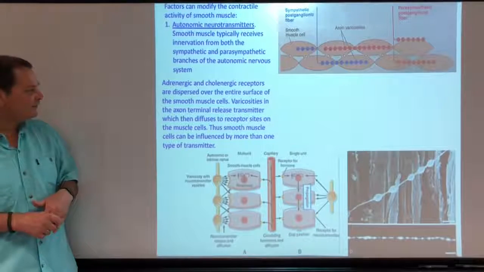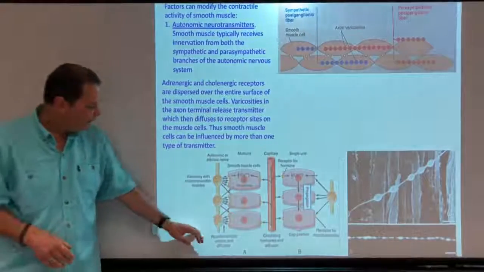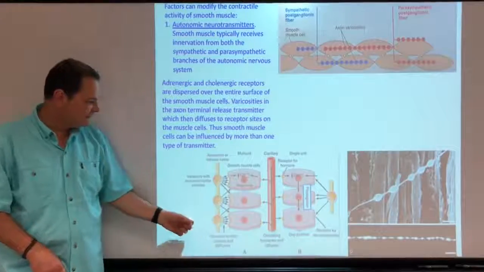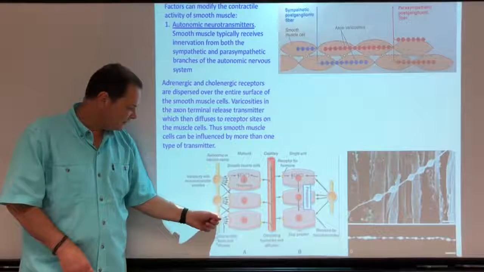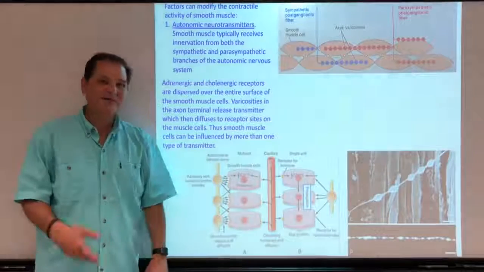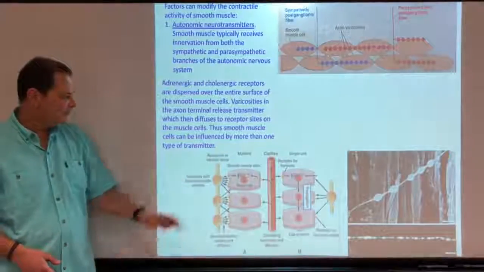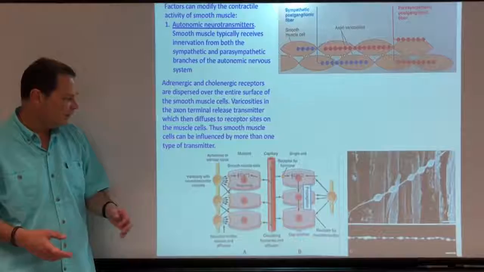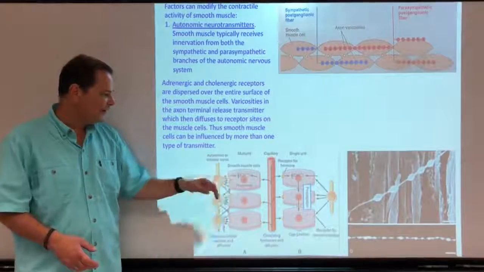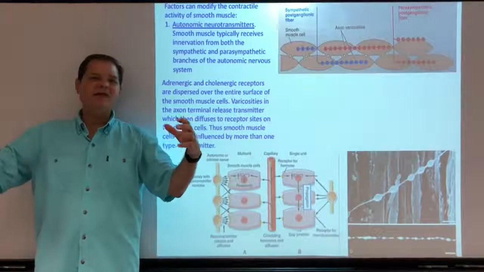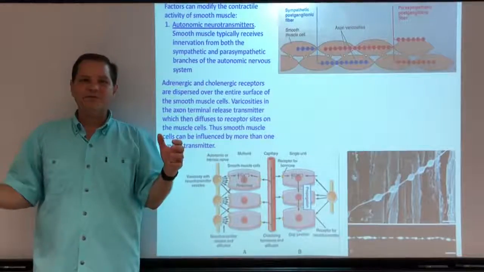The autonomic nervous system has one single nerve that will innervate many fibers through many different release terminals called varicosities. Okay, so the nerve comes close to the cell, usually about a micron or so, and it'll release its neurotransmitter. And that neurotransmitter will be released, and it'll diffuse all over the cell.